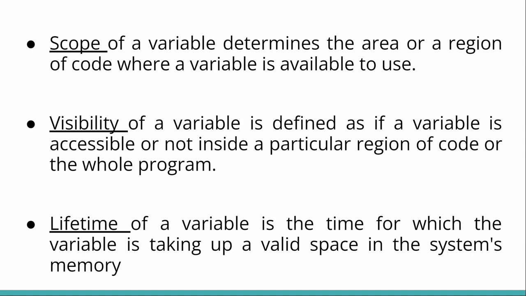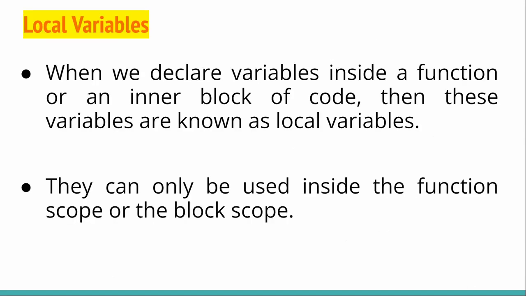And next important definition is lifetime of a variable. So it is the time for which the variable is taking up a valid space in the system's memory. So till the time it is occupying memory inside the local memory system, that is called the lifetime of that variable.